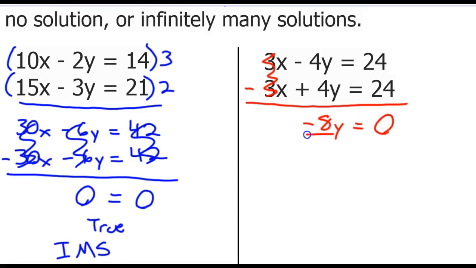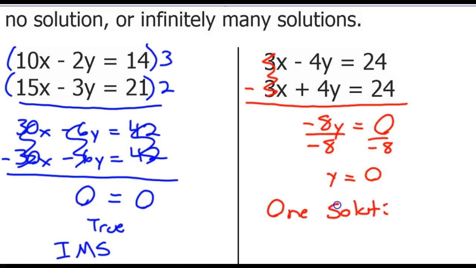Now, if I divide this by negative 8, my y is going to equal 0. So I know that I could plug that 0 back into one of my equations and get x. So what this is telling me is that this is going to be one solution. There's going to be an x and a y for this problem. So it's one solution.